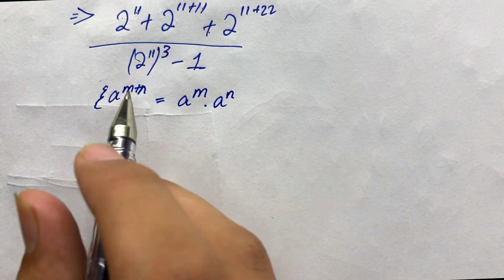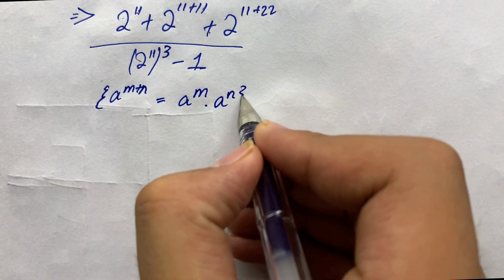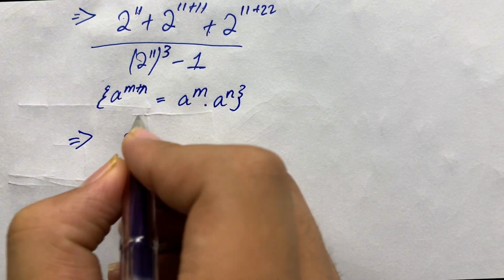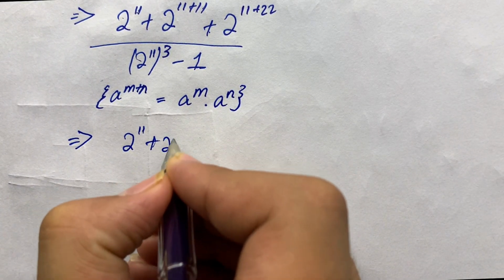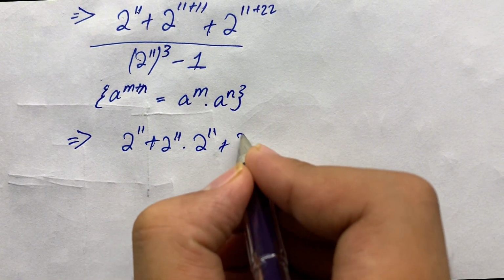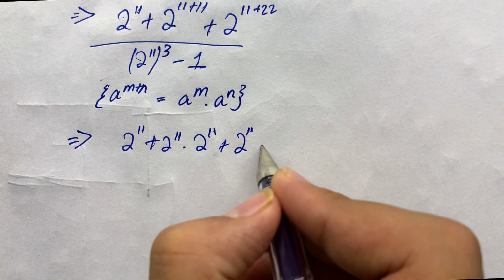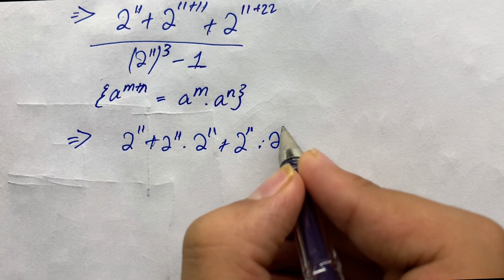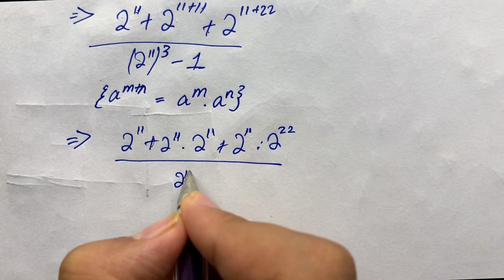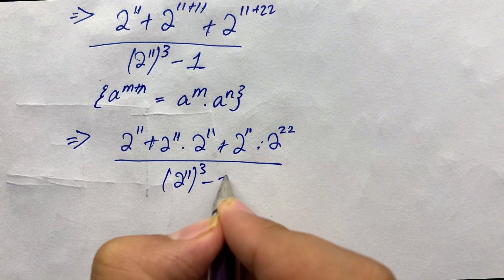Next we apply this formula and we get 2^11 plus 2^11 times 2^11 plus 2^11 times 2^22 divided by 2^33 minus 1.